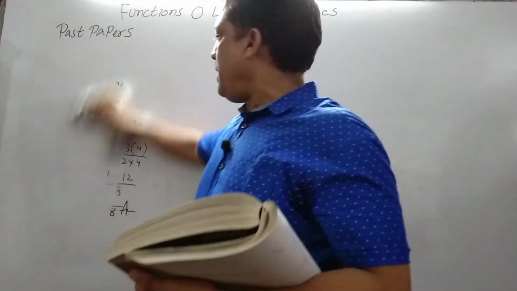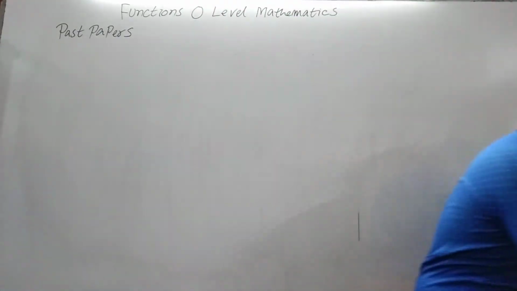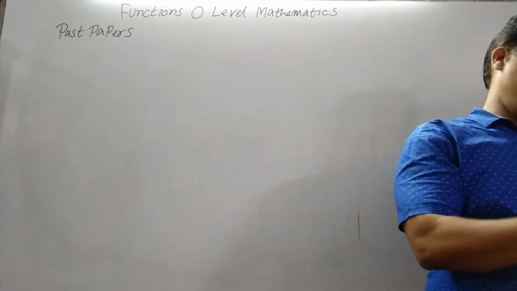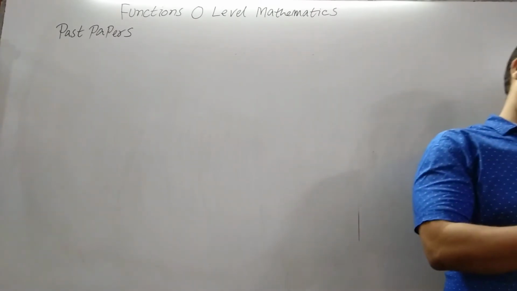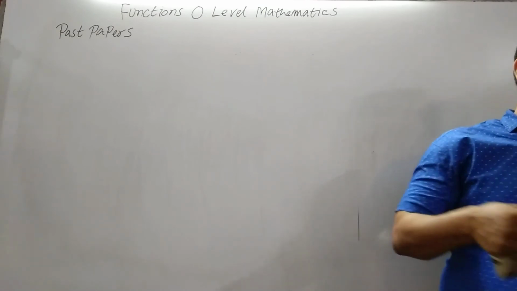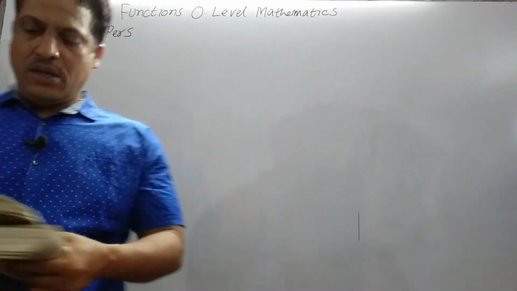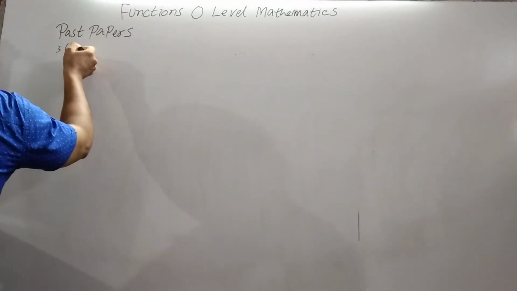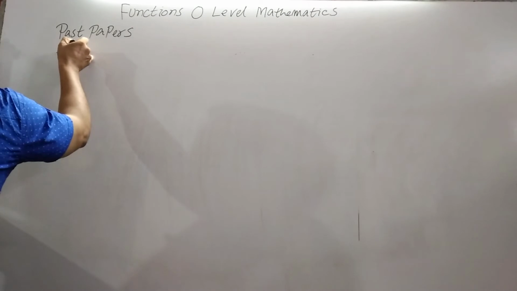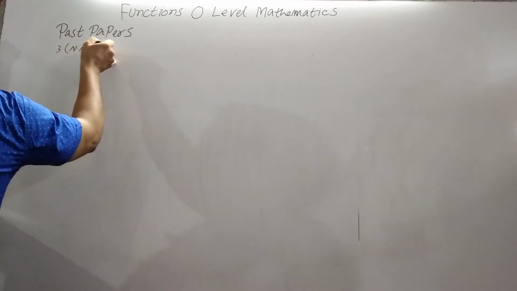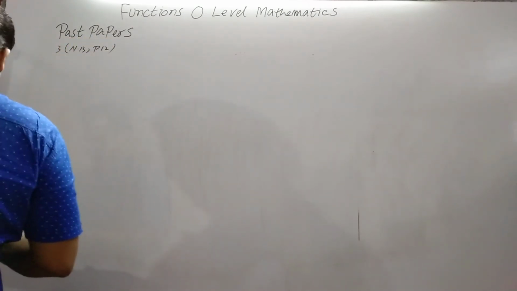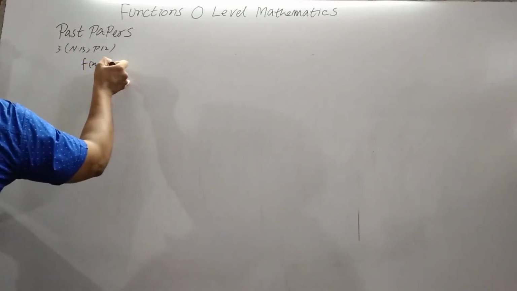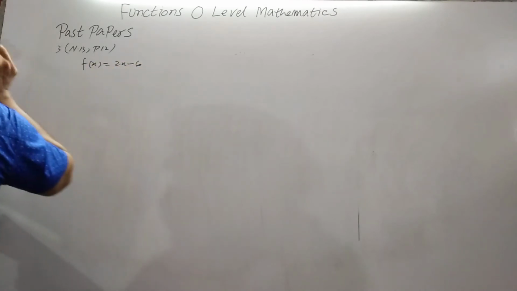The next question is question number 3. This question came in November 2013, paper 1-2, and the question is f(x) is equal to 2x minus 6.